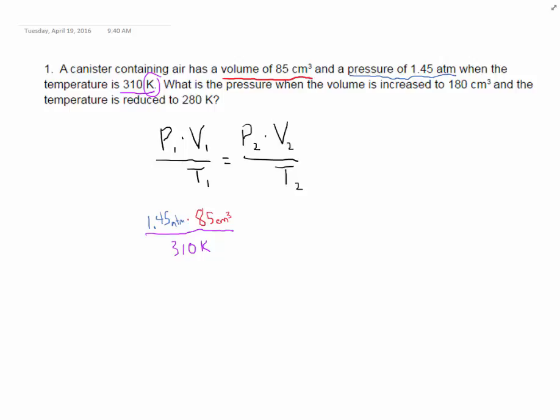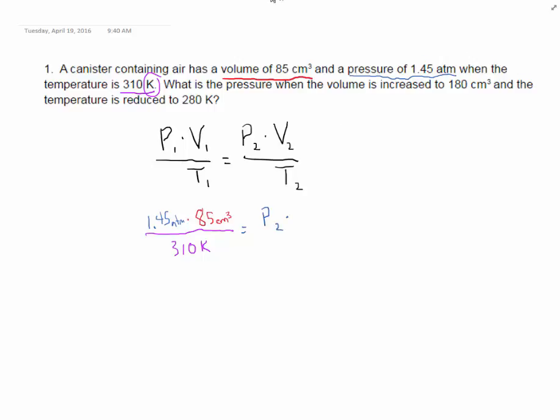Now we look for what else we have. We're going to be solving for pressure, so on the other side I'll put in P2. That's the variable we're solving for.